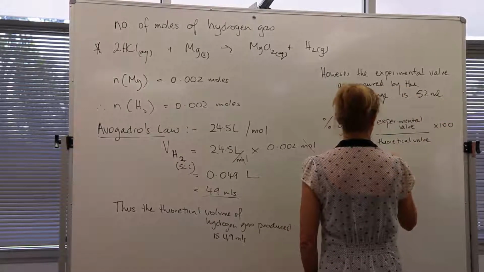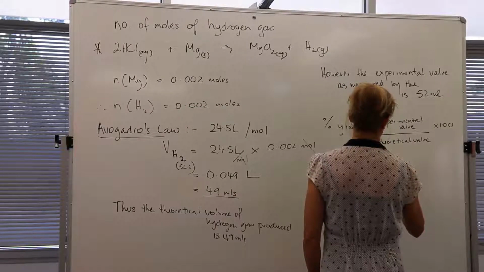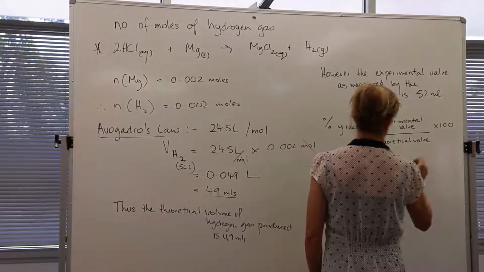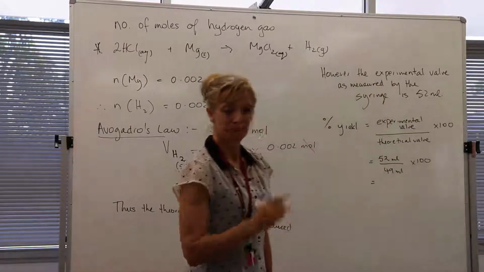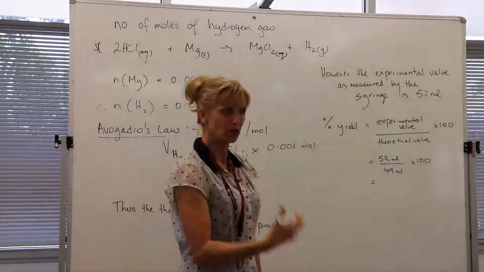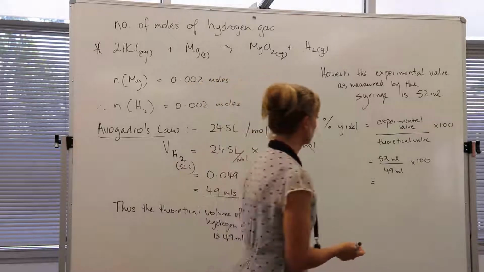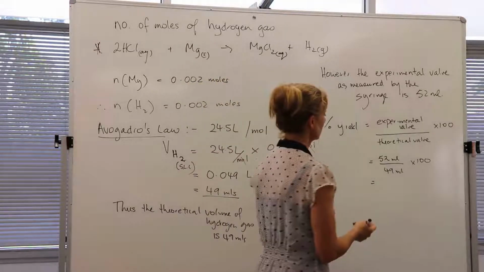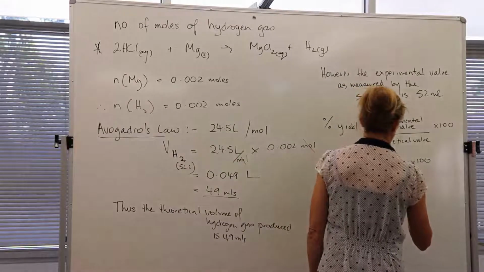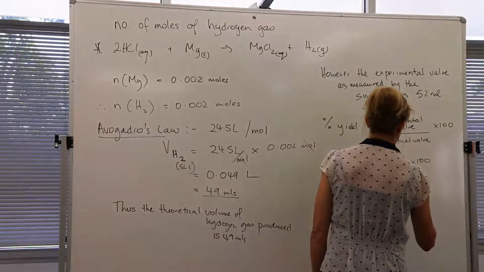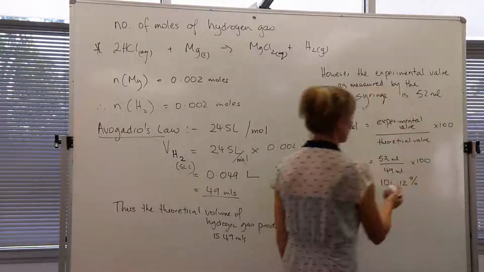So, in this case, which is most unusual, we've got a bigger amount than the theoretical, times 100. What do you get? We got more than we should have got, so it should be over 100%. 106.122449. 106.12%. Very unusual.